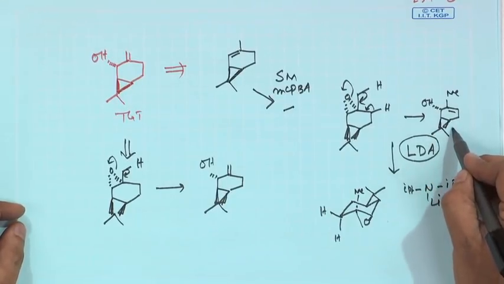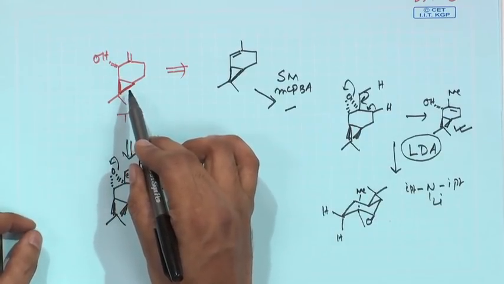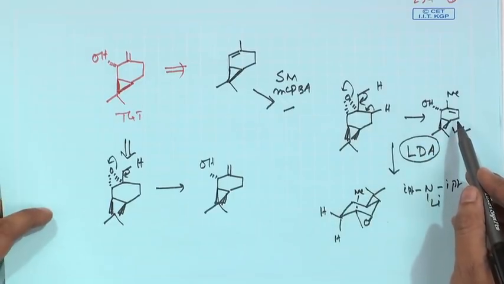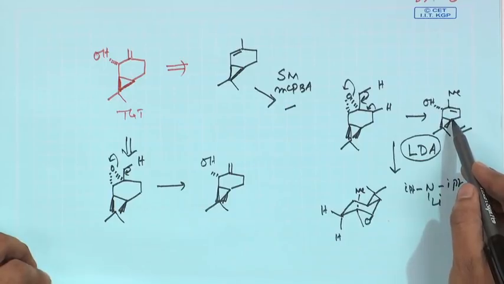In reality this product also might be formed, but as we have given only one product, you can take it that this hydrogen is abstracted. But there is an absolute possibility that this product might also be formed.